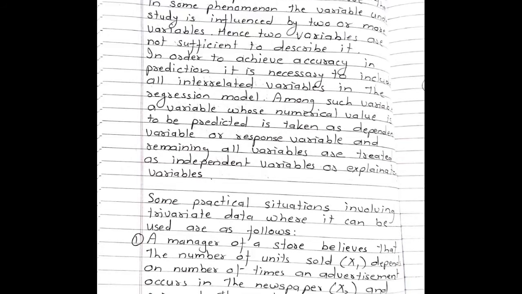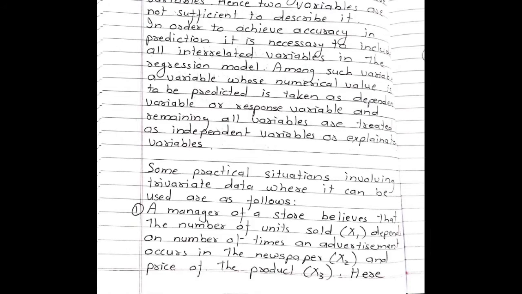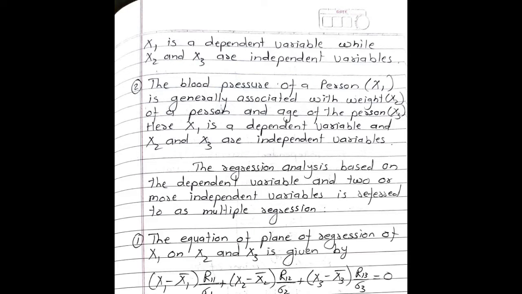Some practical situations involving trivariate data where it can be used are as follows. First situation: a manager of a store believes that the number of units sold, X1, depends on the number of times an advertisement occurs in the newspaper, X2, and the price of the product, X3. Here X1 is a dependent variable while X2 and X3 are independent variables.